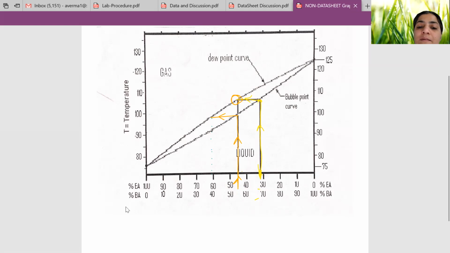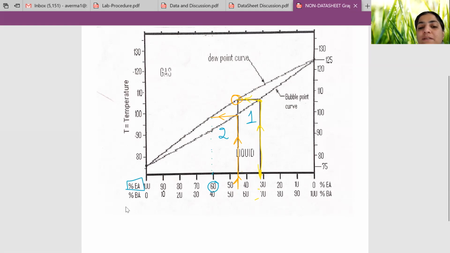And as we see, this was our first plate, this was our second plate. You can see that there is an increase in ethyl acetate, or the lower boiling component.